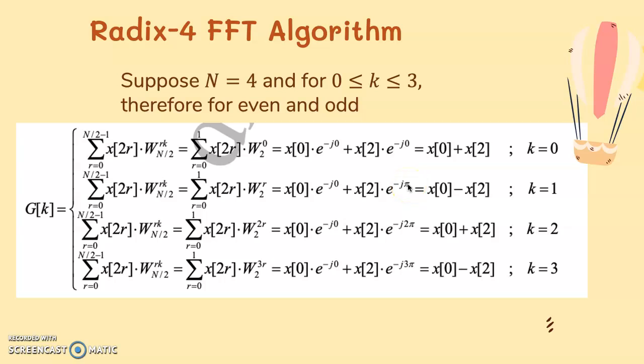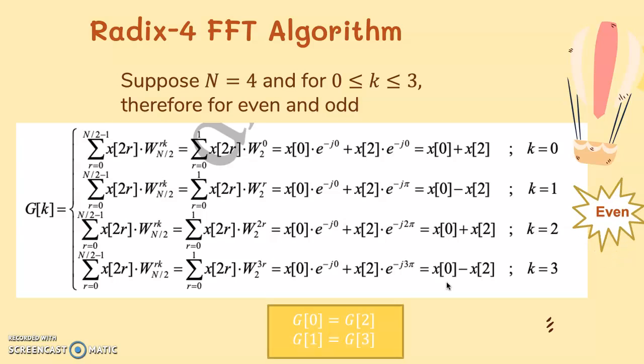So for r1, it becomes minus jπ. So x0 minus x2 becomes k1. So this is the even equation for radix-4 FFT. And you can see that G0 equals G2 and G1 equals G3. G0 is x0 plus x2, and G1 equals G3.